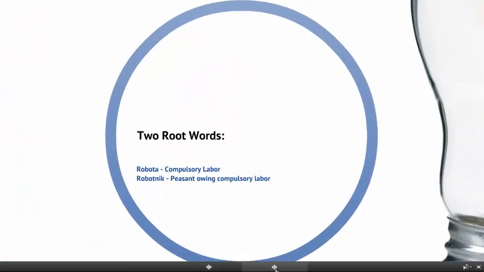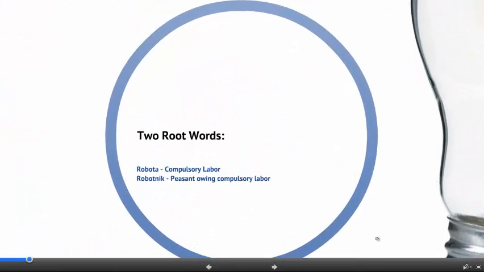It actually has two root words in the Czech language, robota, which means compulsory labor, or robotnik, a peasant owing compulsory labor. So the actual concept of the term robot is, I get someone to do something for me.